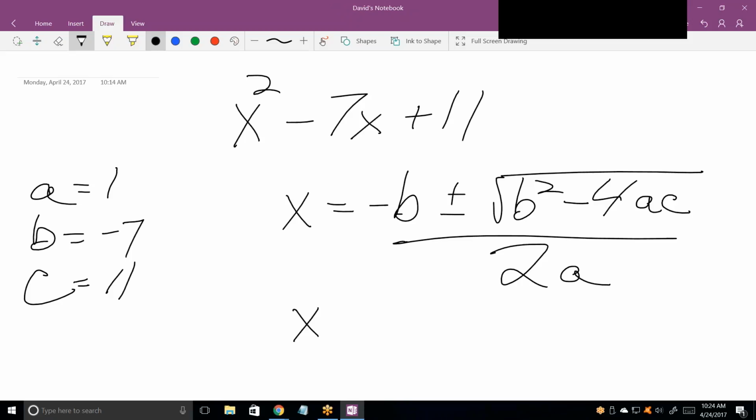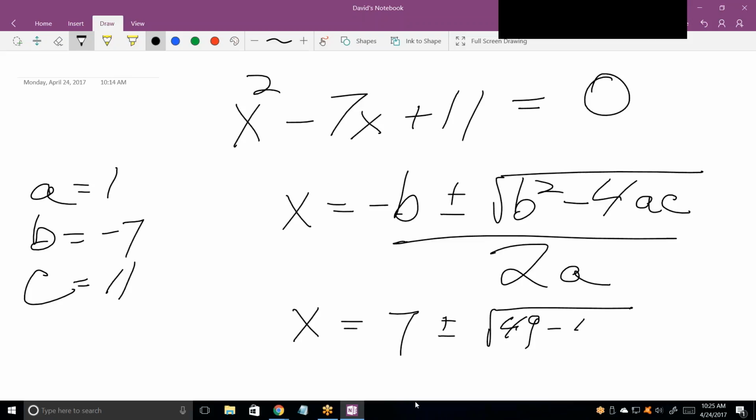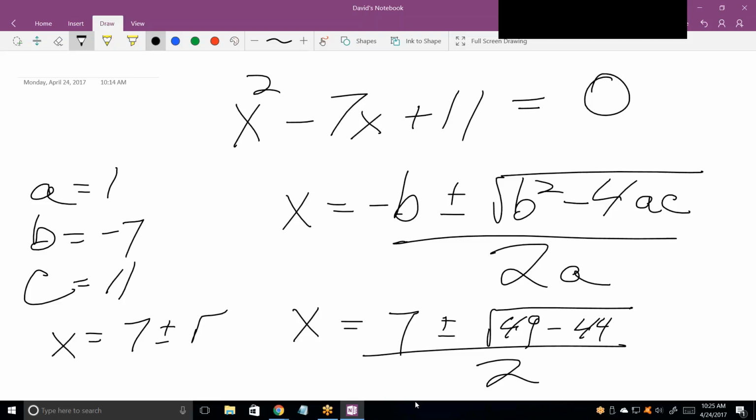So if I want to solve this, if this was an equation and I want to figure out where the zeros are, then it's minus B, which is plus 7, plus or minus the square root of 49, which is 7 squared, minus 4AC. Well, that's 44, all divided by 2. And that answer is 7 plus or minus the square root of 5 divided by 2. And there are your 2 zeros for that function.